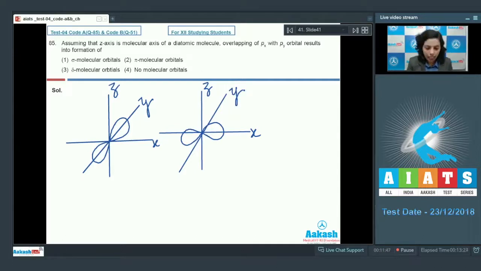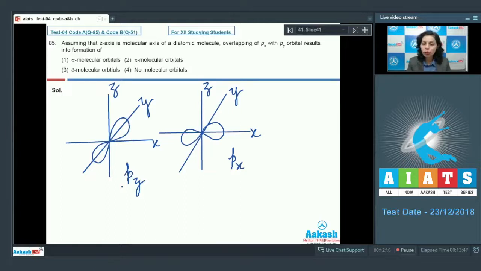Now they're asking that assuming z is the molecular axis of the diatomic molecule, overlapping of px and py orbitals results in the formation of. There is the px orbital, this is px, and this is py. Their overlapping is not possible. Why? Because these two are perpendicular to each other. They are on different axes.